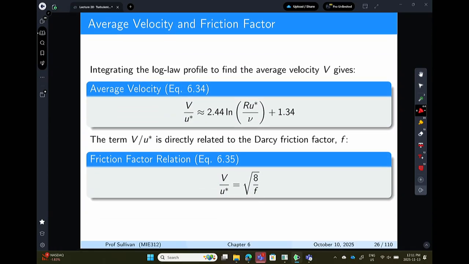If you integrate it across, you end up with V over u star, again that friction velocity, equals 2.44 ln of R u star over nu, plus 1.34, and this is related to the Darcy friction factor. So if we affect the flow and slow things down, velocity over u star becomes the square root of 8 over f. I'm not expecting you to derive the log law. I just want to make sure that you've seen it.